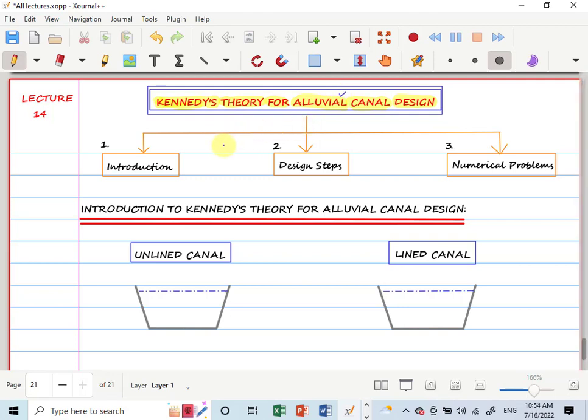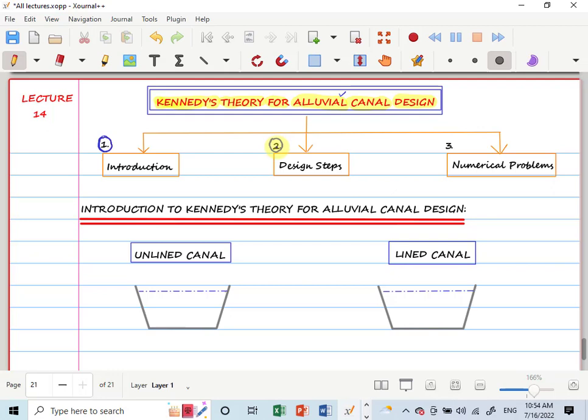So we are going to cover this theory in 3 lectures. In the first lecture, lecture number 14, we will just introduce the important points related to Kennedy's theory and designing of alluvial canals.